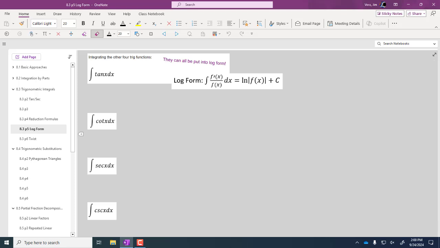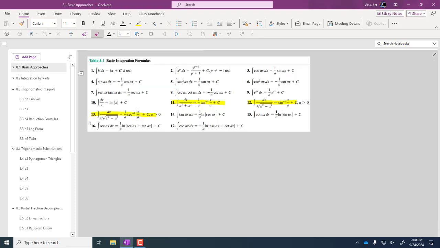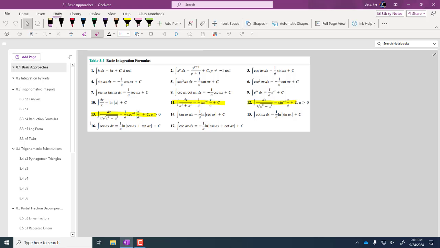8.3. So if you look back at 8.1, at this table of antiderivatives, notice that the four functions, tan and cotan, secant and cosecant, if you look at their antiderivatives, they're all logs.